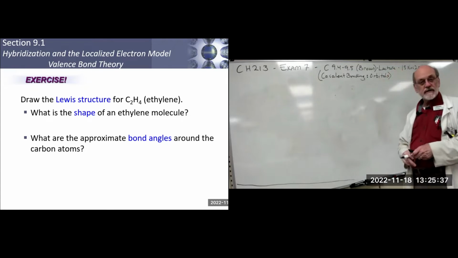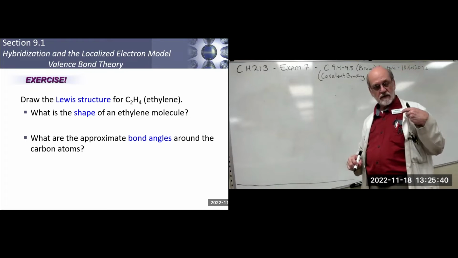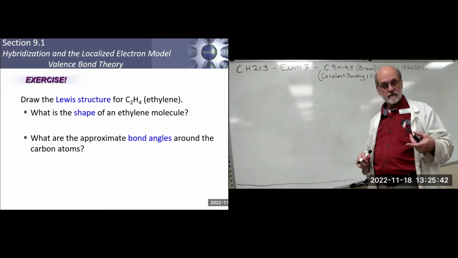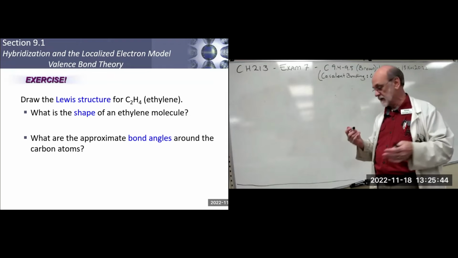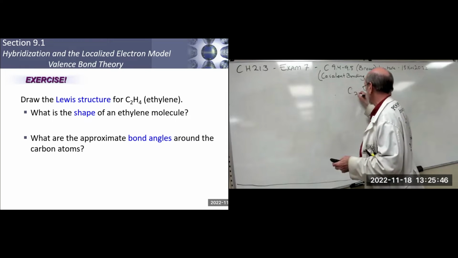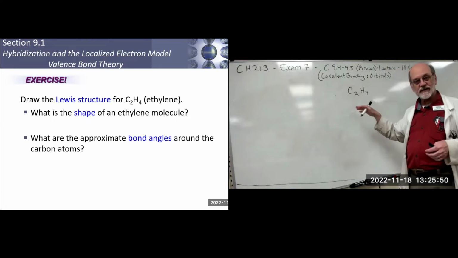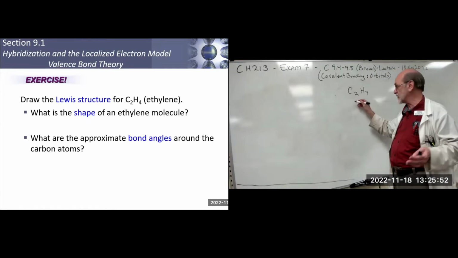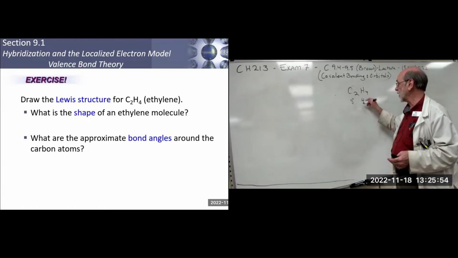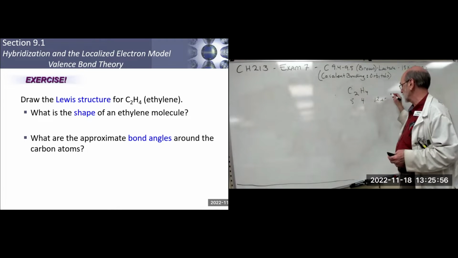What you do is you write the structure, right? Just do it like always. If the compound is this, then we say, okay, how many valence electrons for carbon? 4 each, so that means 8. And then 4 here. So we have 12 electrons.